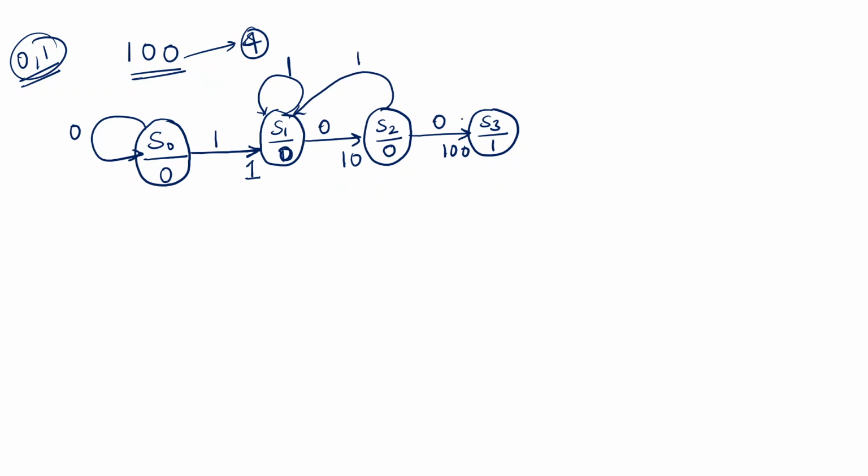Here for S2 I checked for 0 and 1. At S3 I need to check for 0 and 1. If it is a 0, where will it go, overlapping or non-overlapping? Overlapping, sir. Overlapping means here I got 1 0 0.